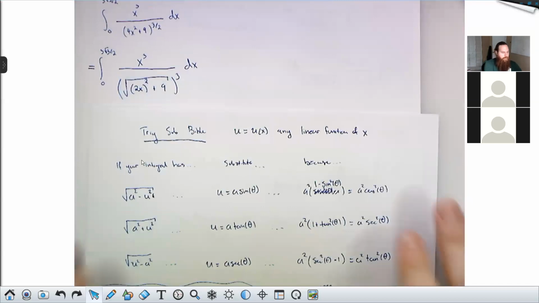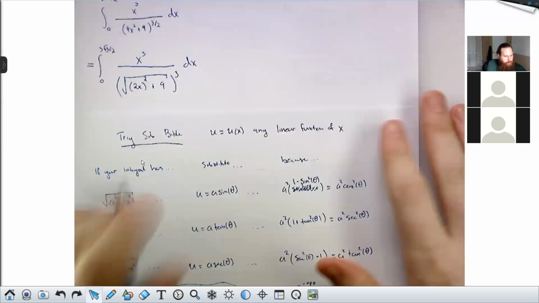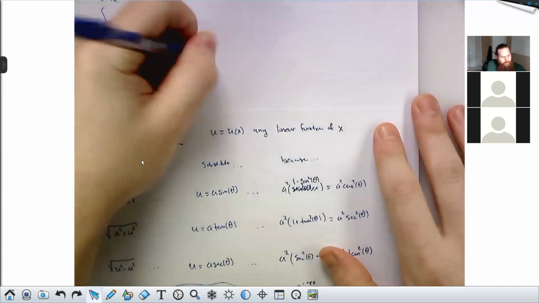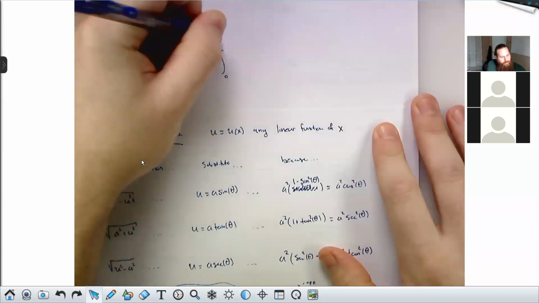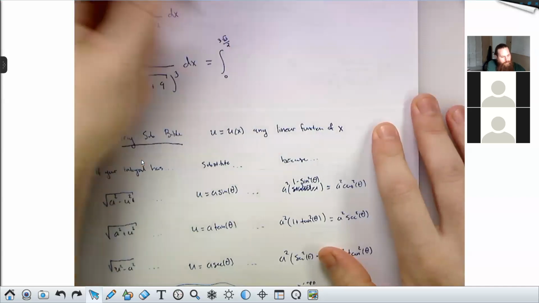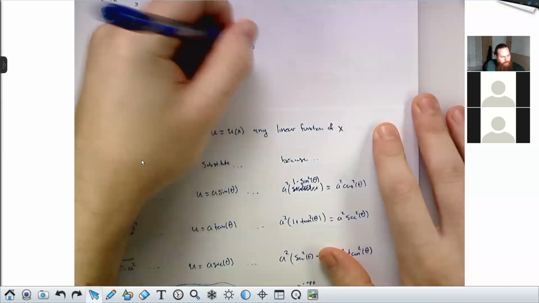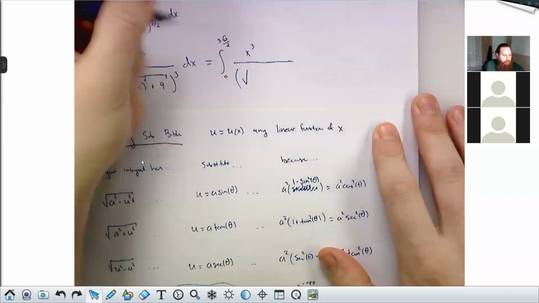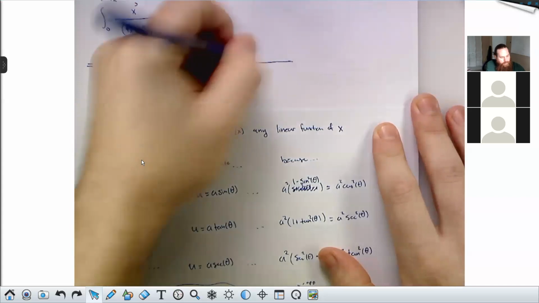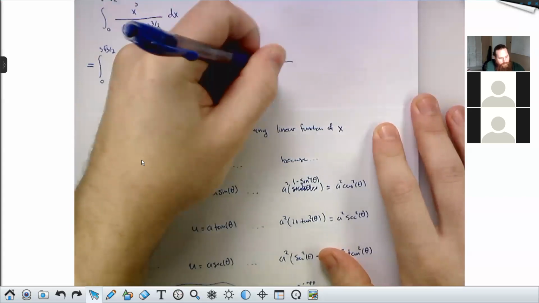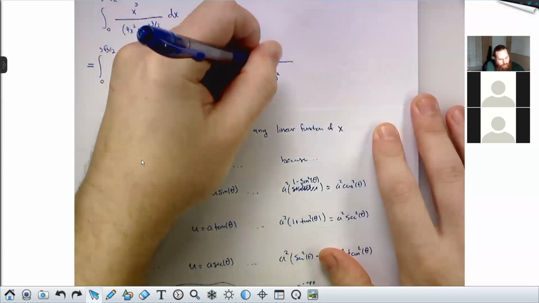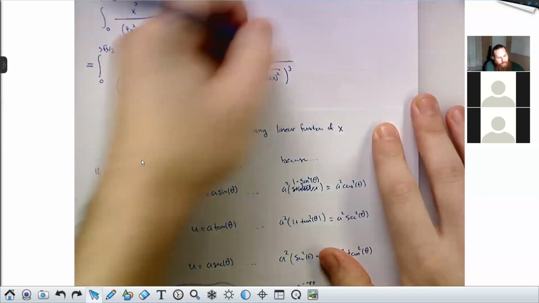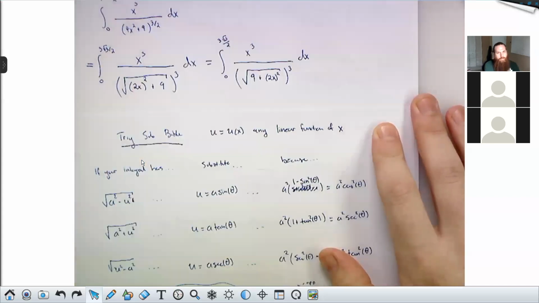If you wanted to, I could make this look even more like the line in the Trig Sub Bible by rewriting it as the integral from 0 to 3 root 3 over 2 of x cubed over parentheses square root of 9 plus (2x) squared, cubed, dx.